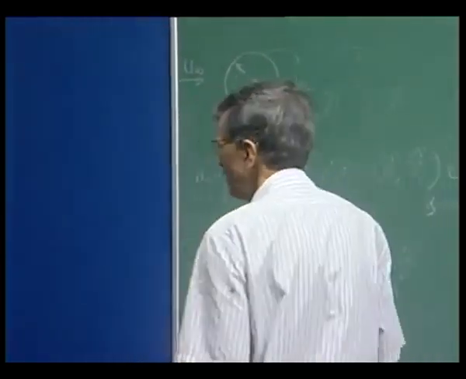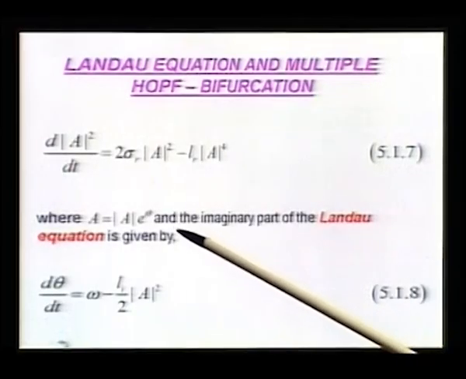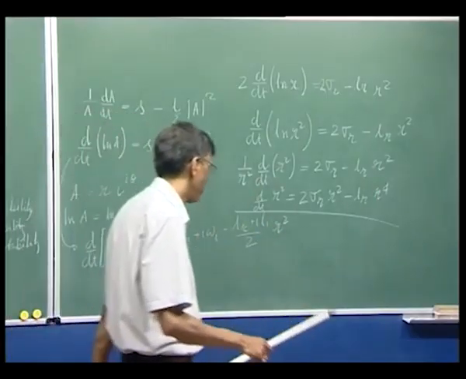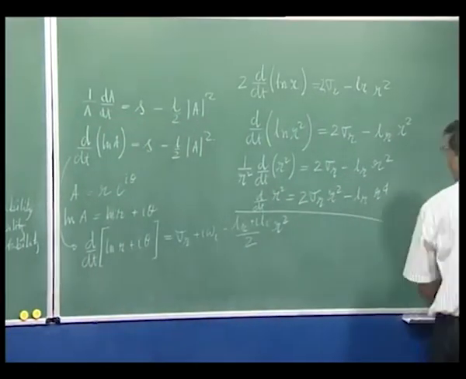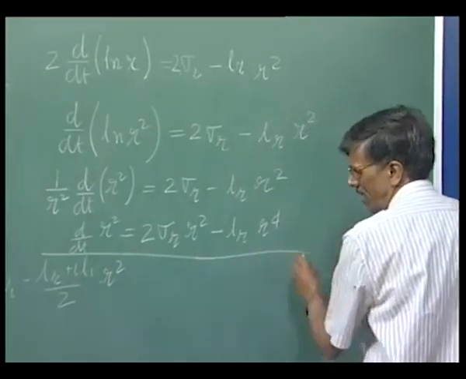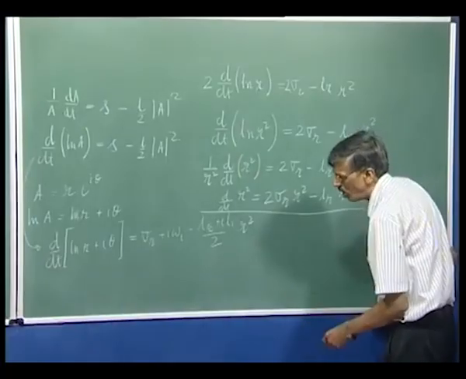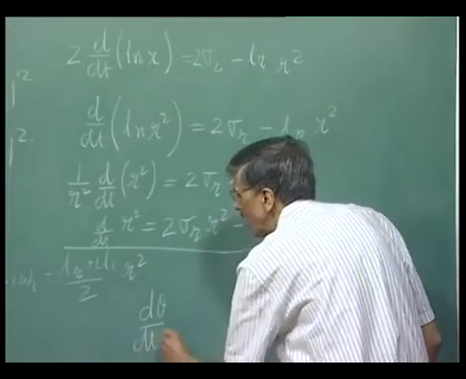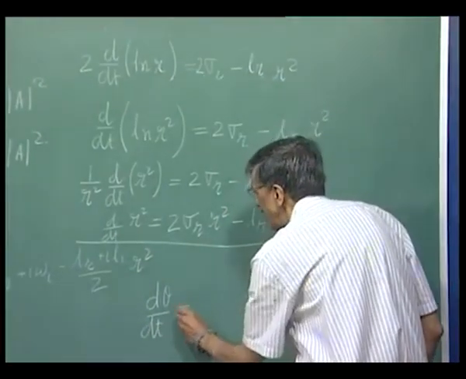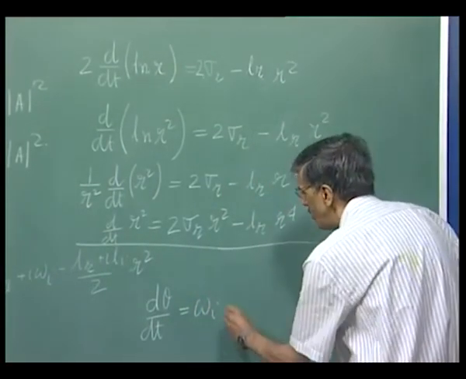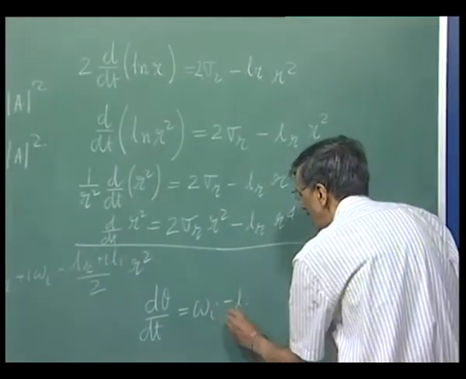And the imaginary part also we can now write down, isn't it? What does the imaginary part give us? So I can knock off the i. I'll get d theta/dt on the left hand side, and on the right hand side is omega i minus Li by 2.